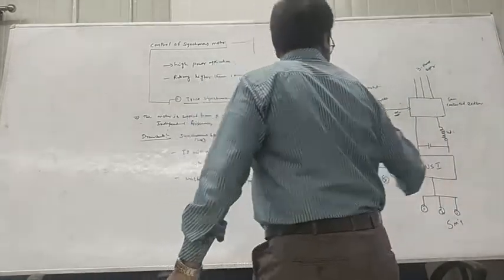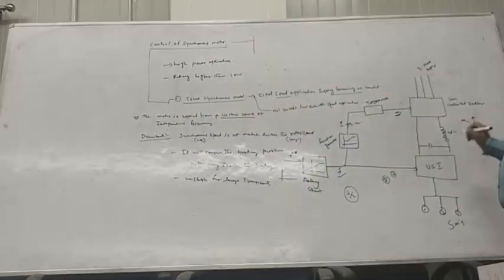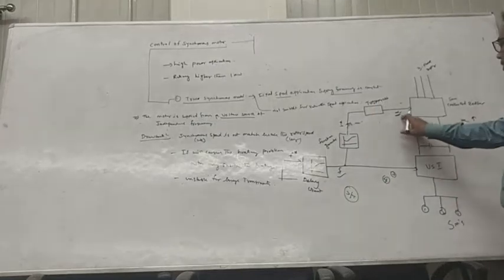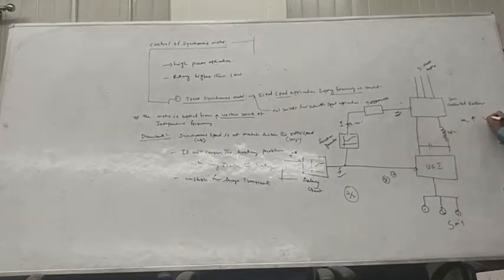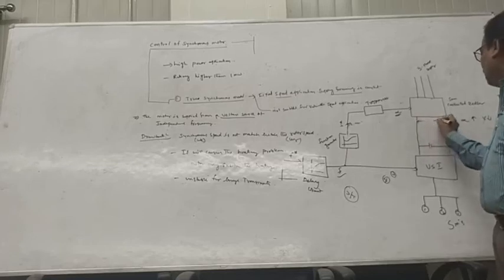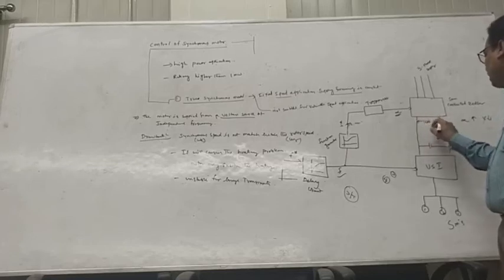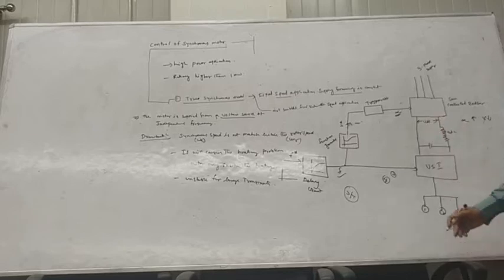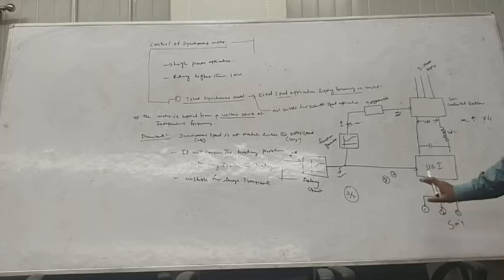This firing angle alpha is going to the semi-controlled rectifier. As your firing angle alpha value is increasing, the output voltage decreases. The output voltage of the semi-converter, this is VDC, is reducing. Based on that, you are controlling this true synchronous motor. This is the control block diagram of a true synchronous motor.